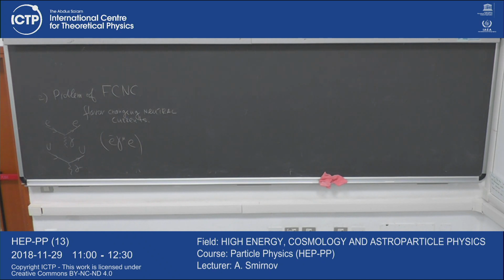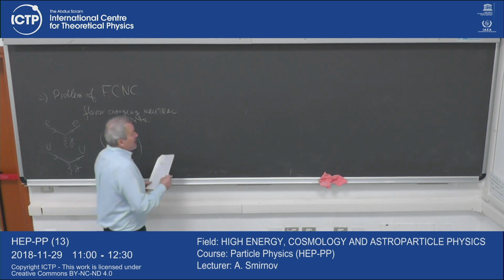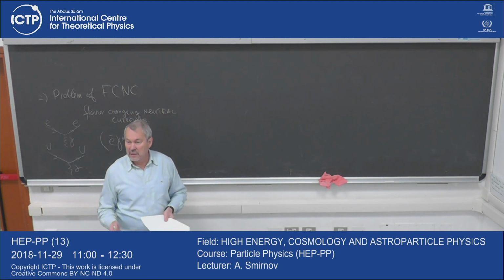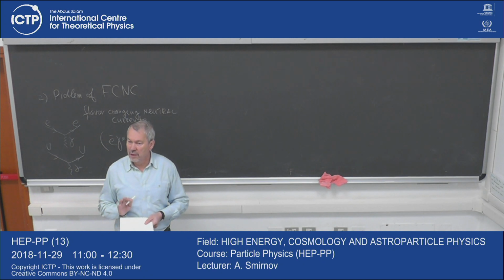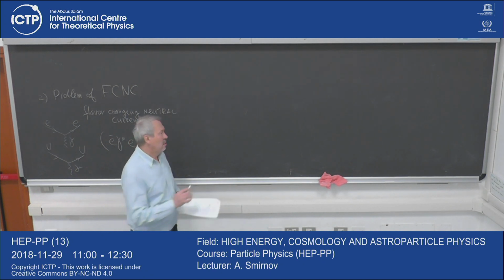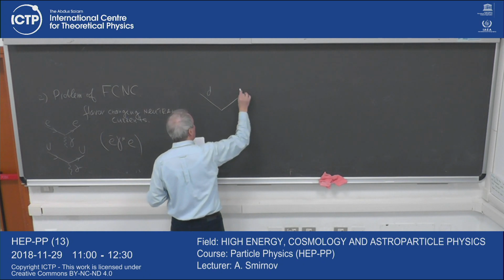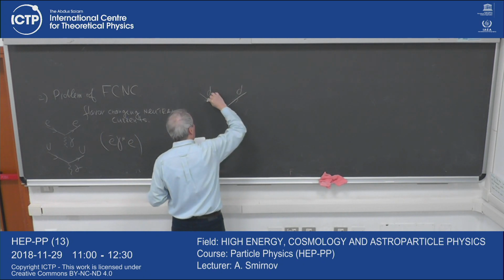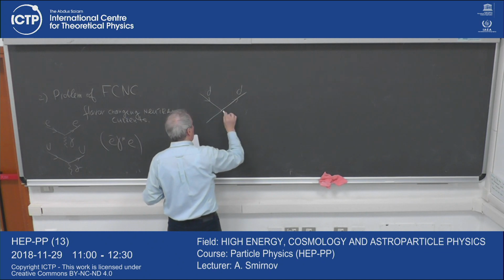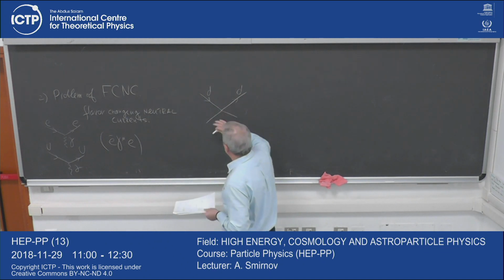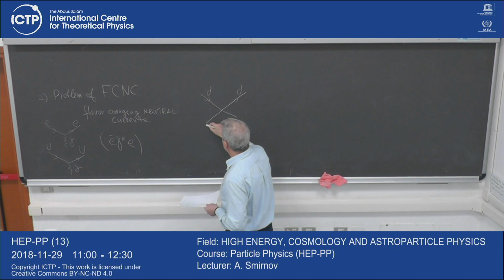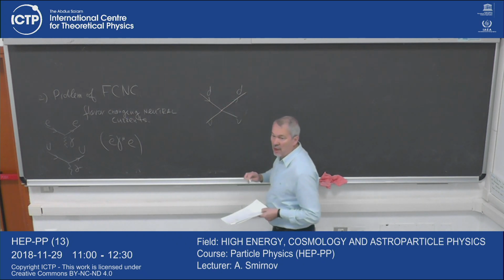Now, what do we have in weak interactions? In weak interactions, we can also introduce neutral currents. Till now, we discussed only charged currents. But we can talk about currents of the type where a D quark goes to a D quark. Here is some heavy mediator, and say, for instance, we can have here nu and nu. That will be a process due to neutral currents.